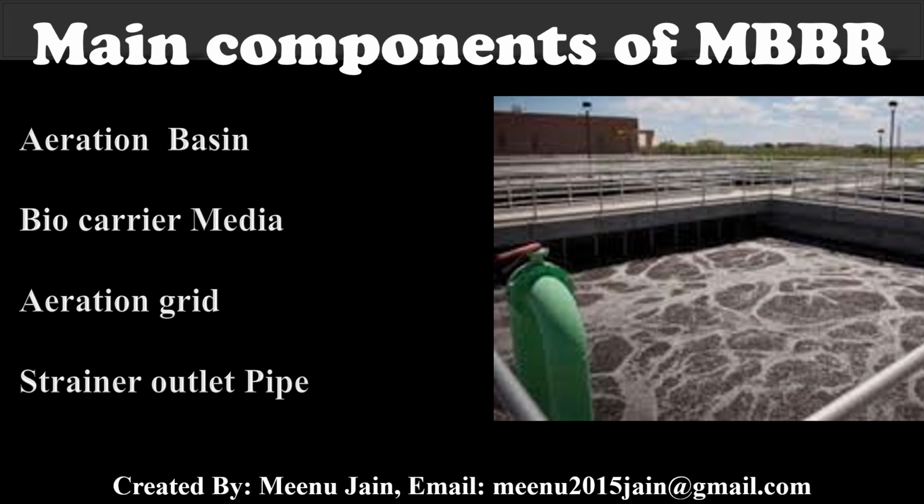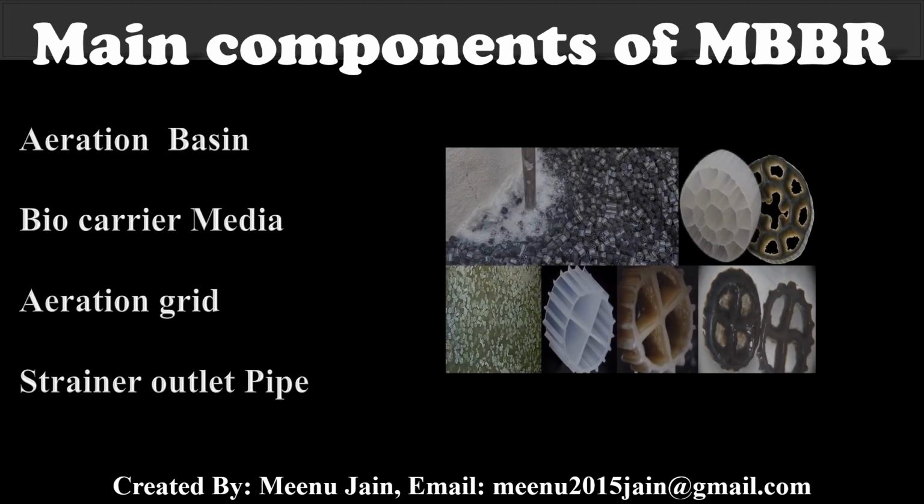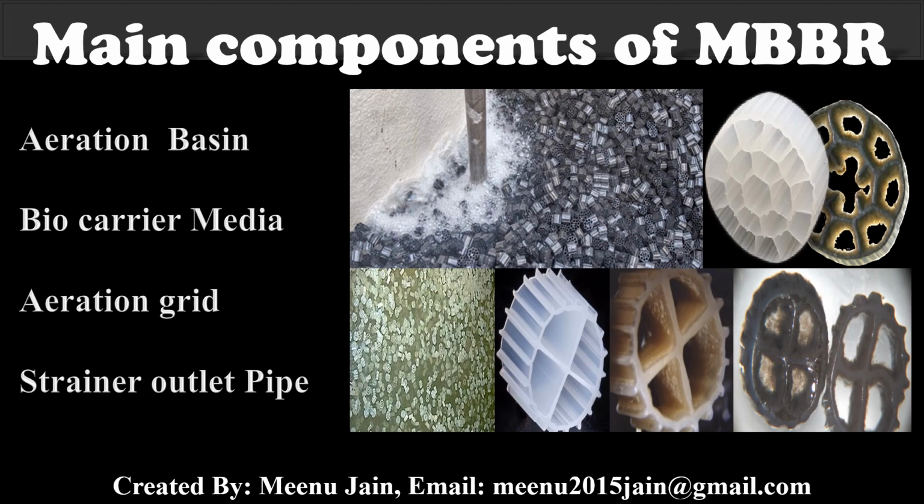Next, the basin is full of thousands of small plastic chips called media or carrier. These media or carriers may occupy as much as 25 to 70% of the tank. Their design maximizes the surface area they provide for biofilm to grow on them.